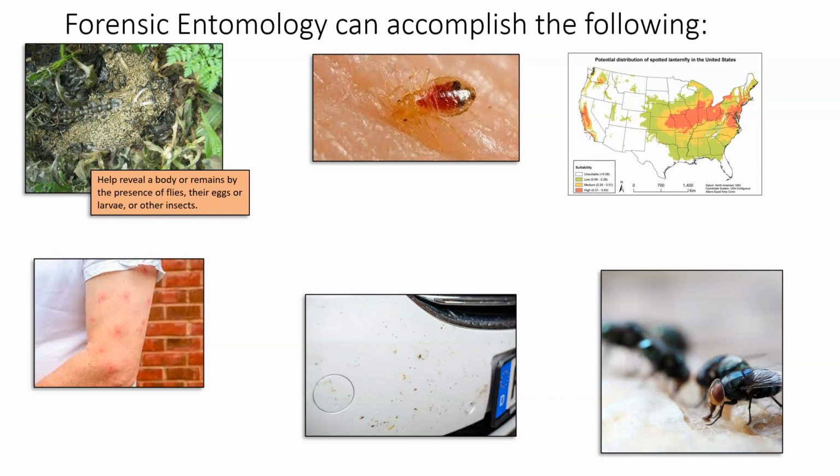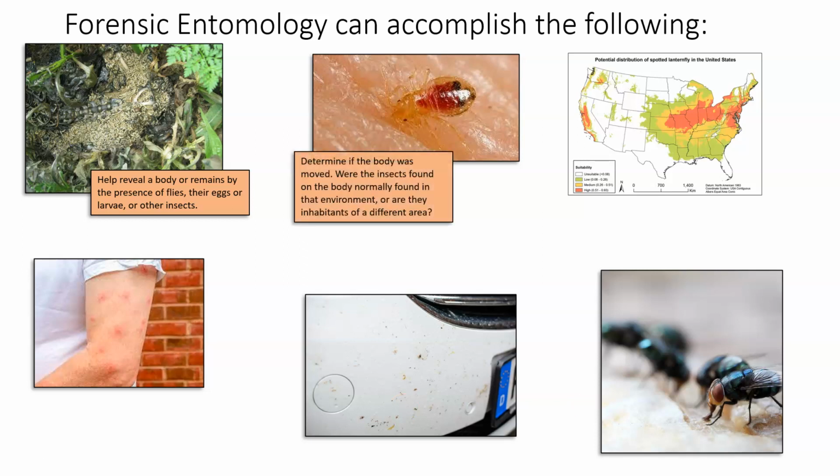If a person has gone missing and foul play hasn't been ruled out, or other evidence has led investigators to believe a murder took place, searching outdoor crime scenes for insect activity can often lead them to the body, just because insects are actually kind of loud.